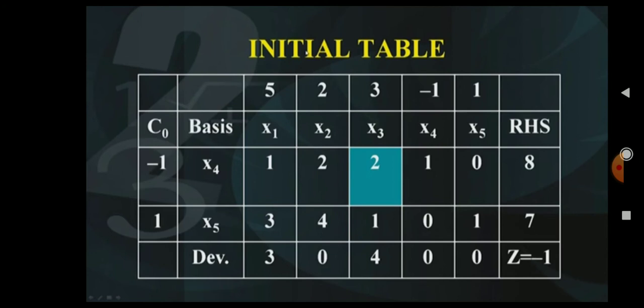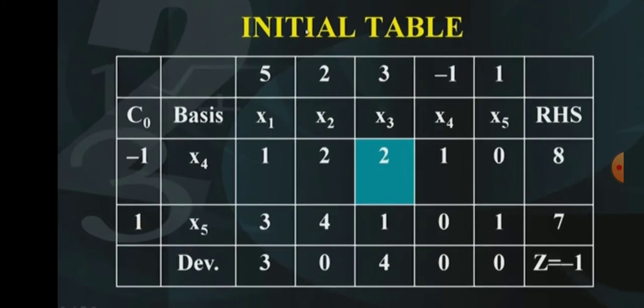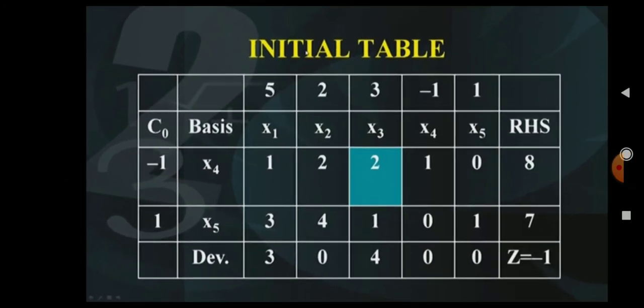So it may be a maximum value, but we have a criterion that the deviation should be 0 or negative. But here we have positive values, 3 and 4, and our target will be to get the entry which has the maximum value, and it is x3 here.